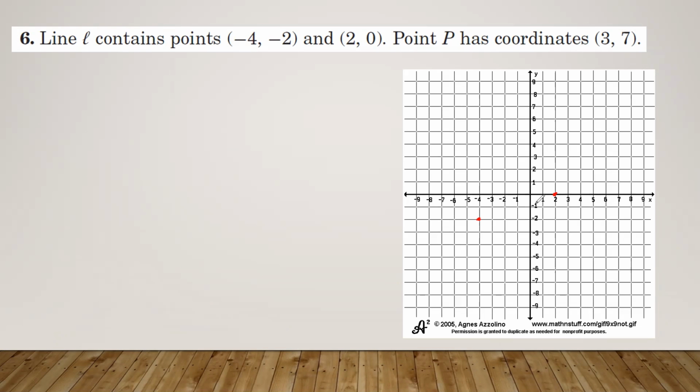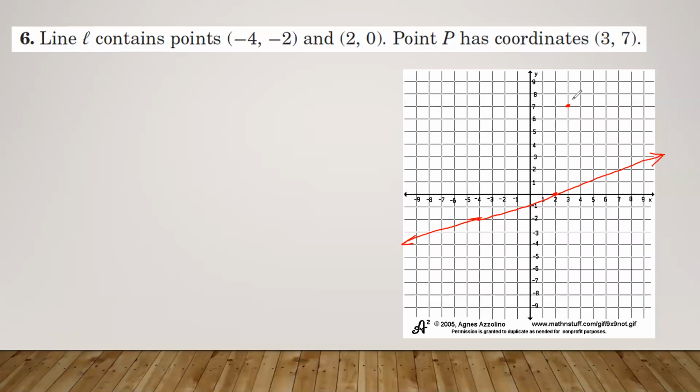This is a line, so I will try to draw this as straight as I can. And then there's this other point, point P, that has coordinates (3, 7).